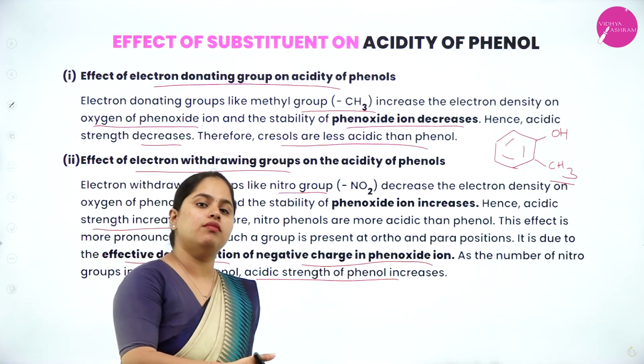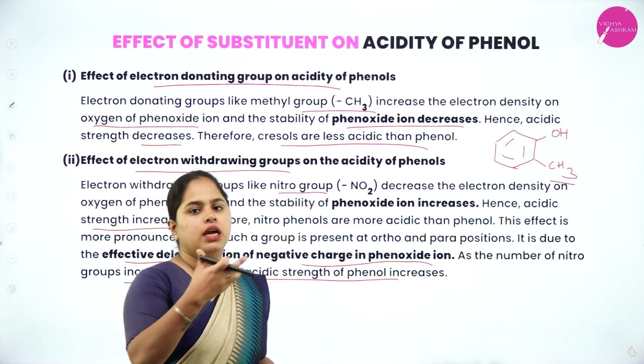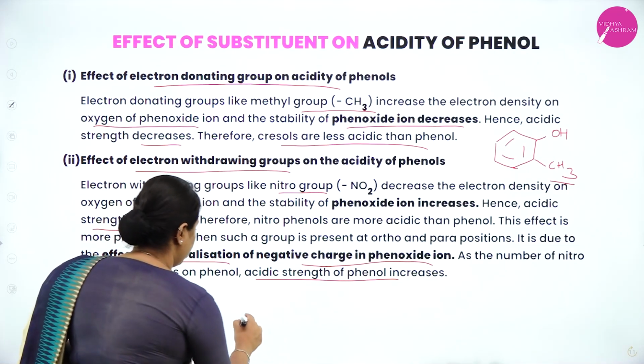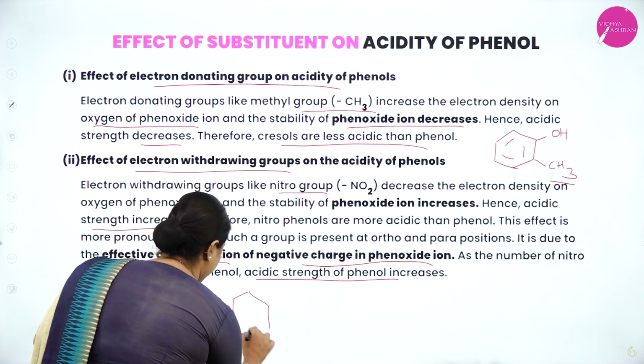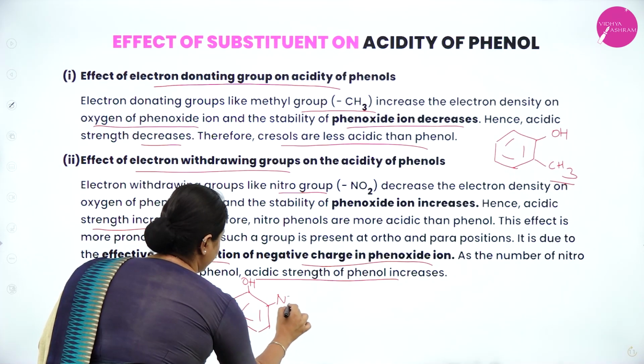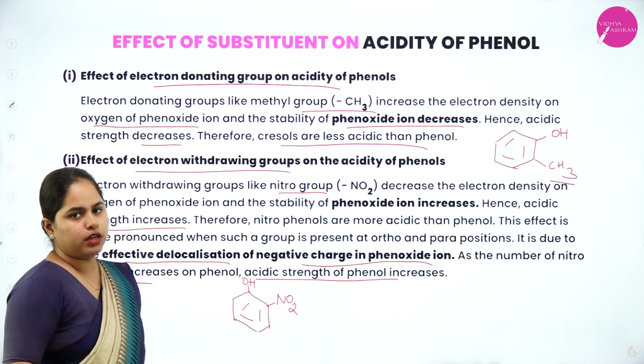When electron withdrawing groups are present, they are taking up electrons from the benzene ring. For example, consider nitrophenol. You have your hydroxyl group and nitro also. So this is 2-nitrophenol. On the second carbon atom, you have the nitro group, right?